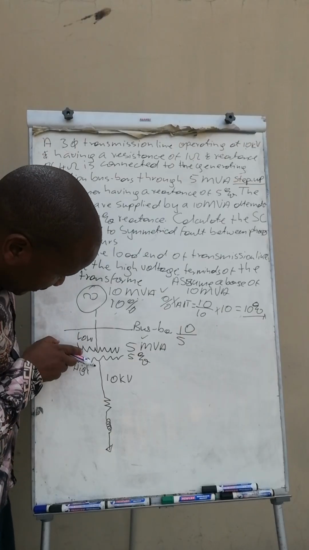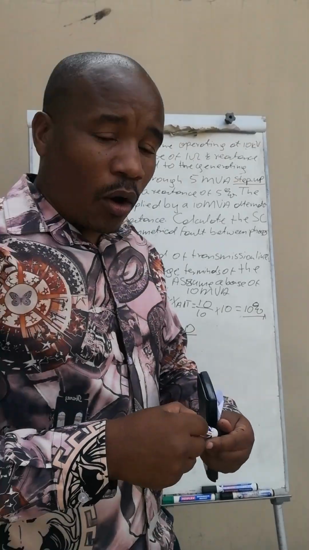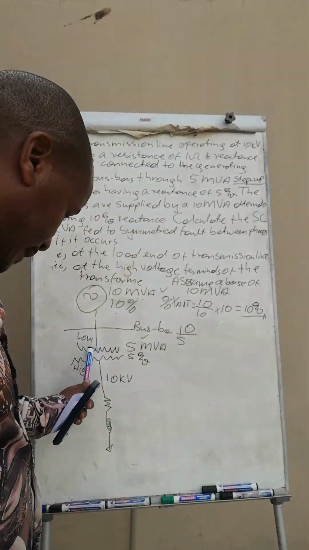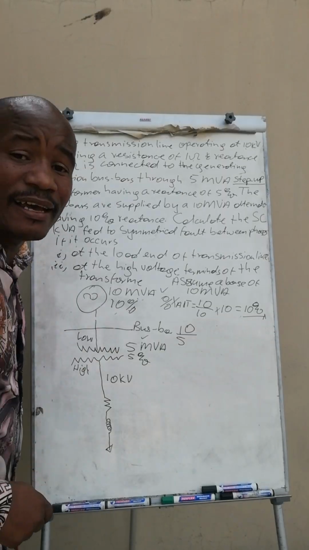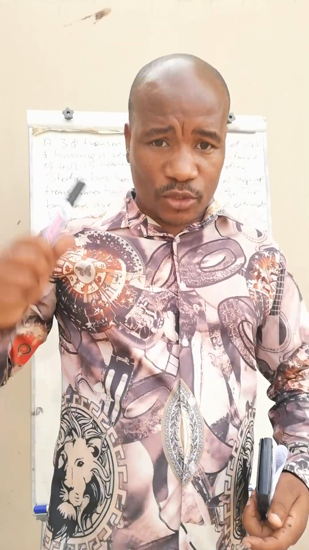The voltage, meaning the alternator after the voltage has been generated, supplies a transformer a minimum voltage, and then that transformer steps it up before it is supplied to the line. So this is the high voltage side, this is the low voltage side. That statement is extra important on this.